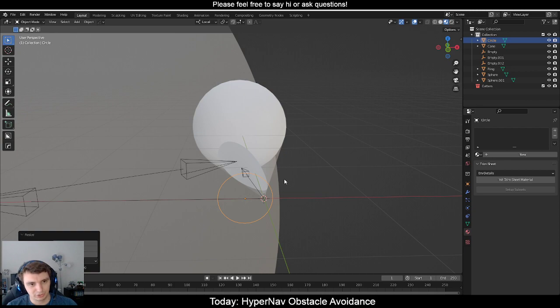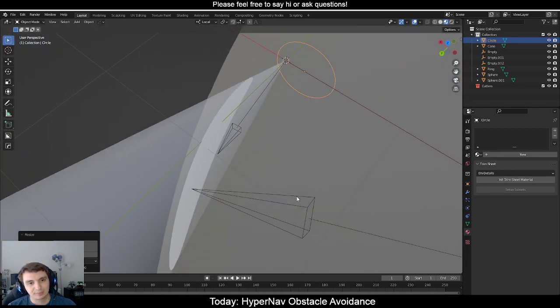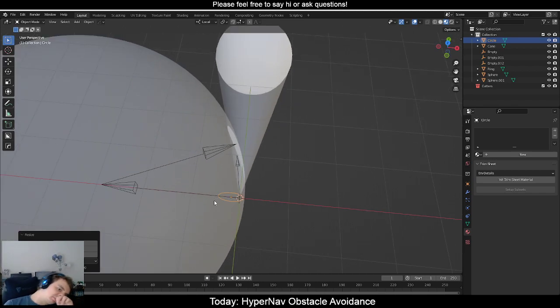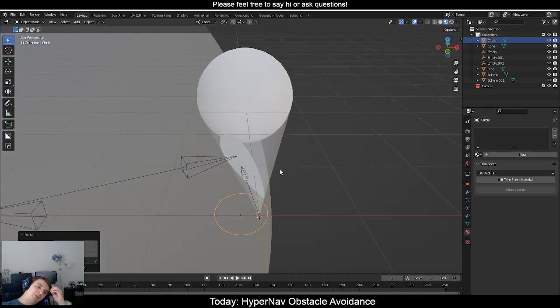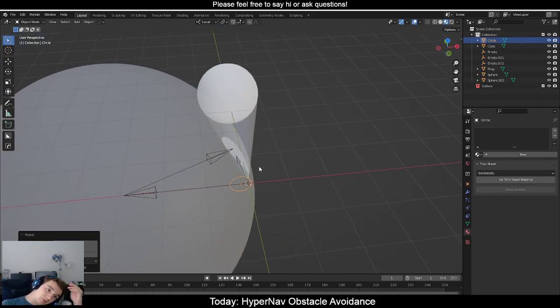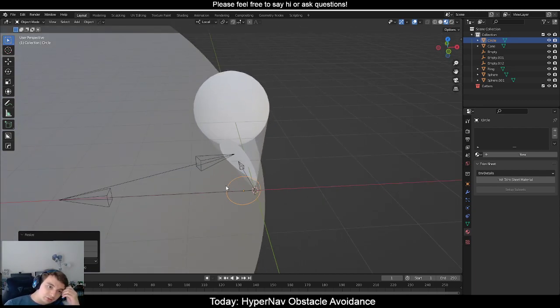So the radius is going to depend on our maximum velocity and or our desired velocity, our maximum speed. Kind of the difference between these two velocity vectors.